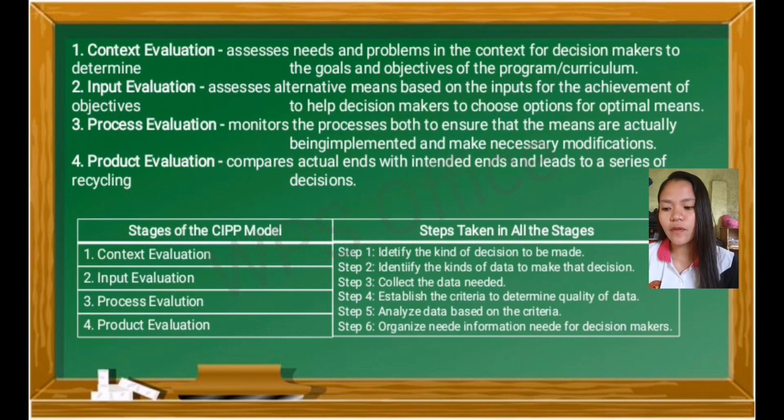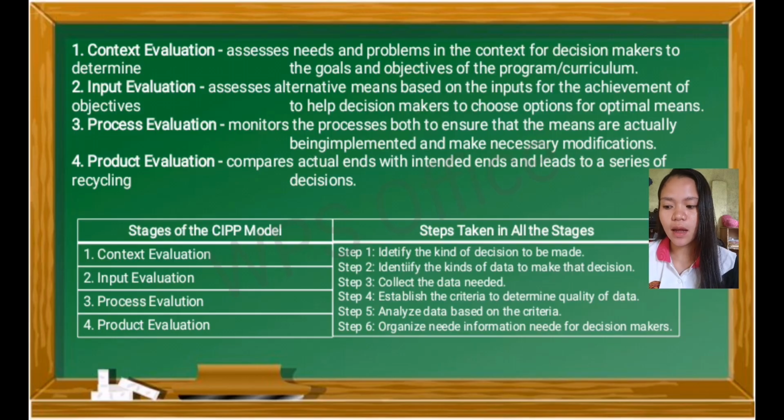Context evaluation assesses needs and problems in the context for decision makers to determine the goals and objectives of the program curriculum. It means context evaluation focuses on understanding the program environment and needs to inform planning decisions.